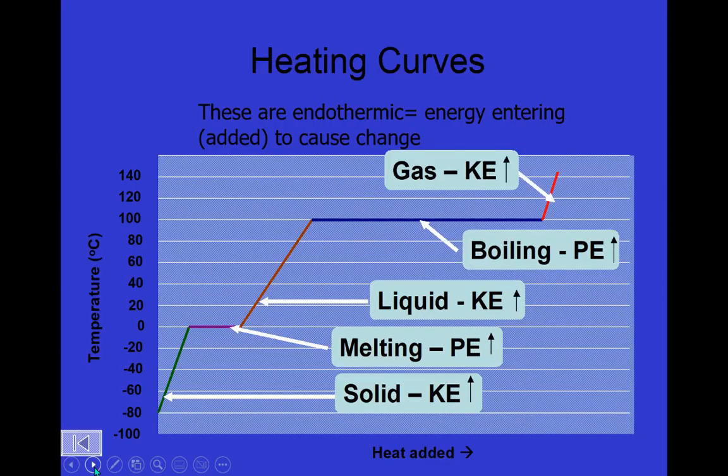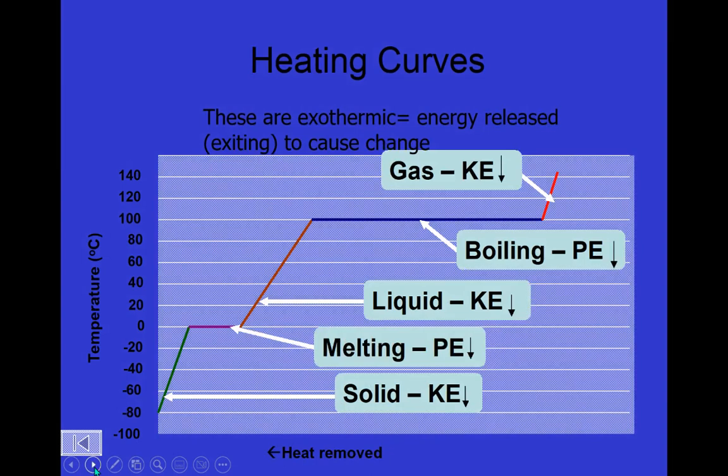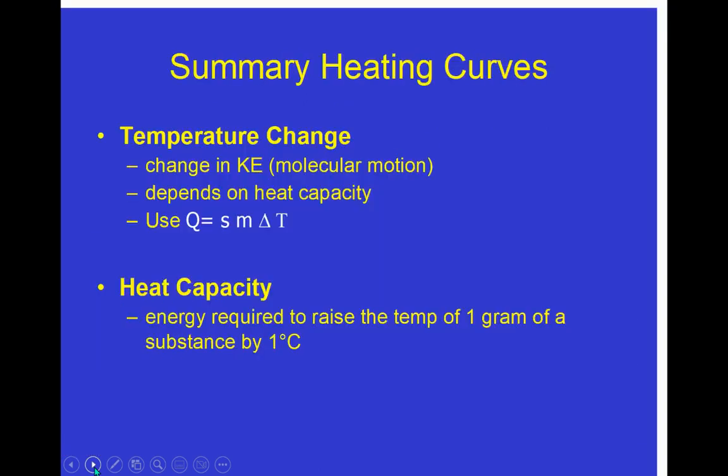So anytime we're going from left to right, we are adding heat, and that will be called endothermic. So those phase changes and temperature changes are endothermic when we're going from left to right and we're adding heat. When we're going from right to left, we're removing heat. Those are called exothermic. So temperature changes are a change in kinetic energy.